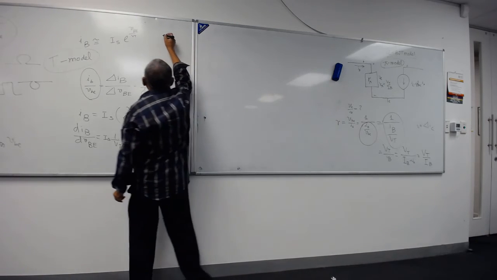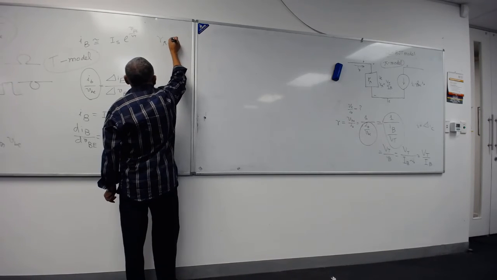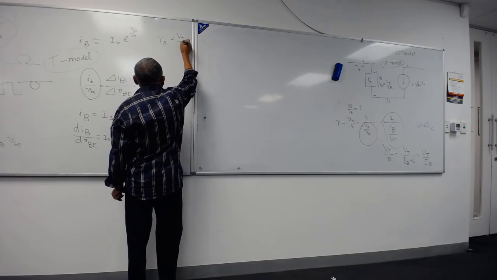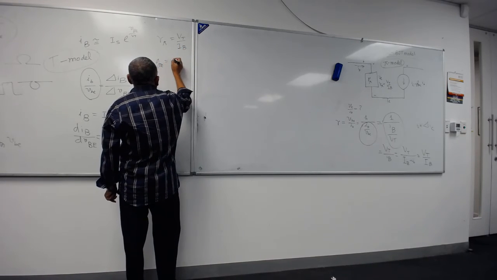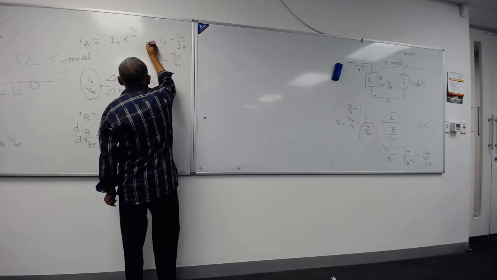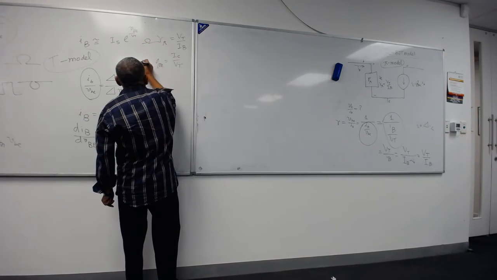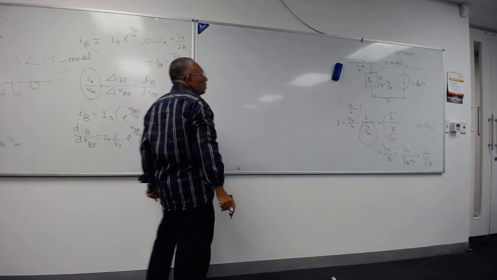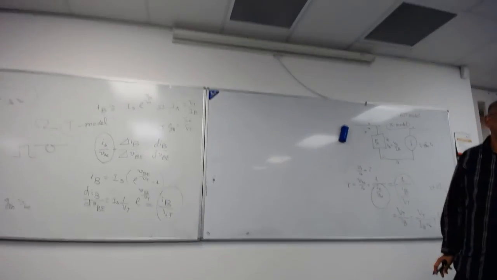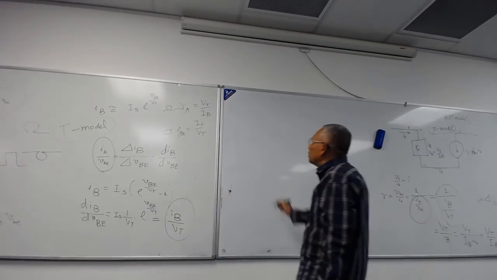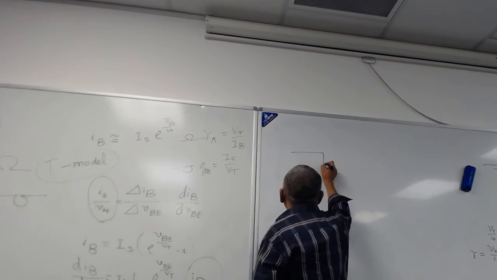Still keep R pi equal to VT by IB and Gm equal to IC by VT, and this is your ohm and this is your mho. So that pi model, I want to convert it now into a T model. How do I do it? I have to do a little bit of a trick.